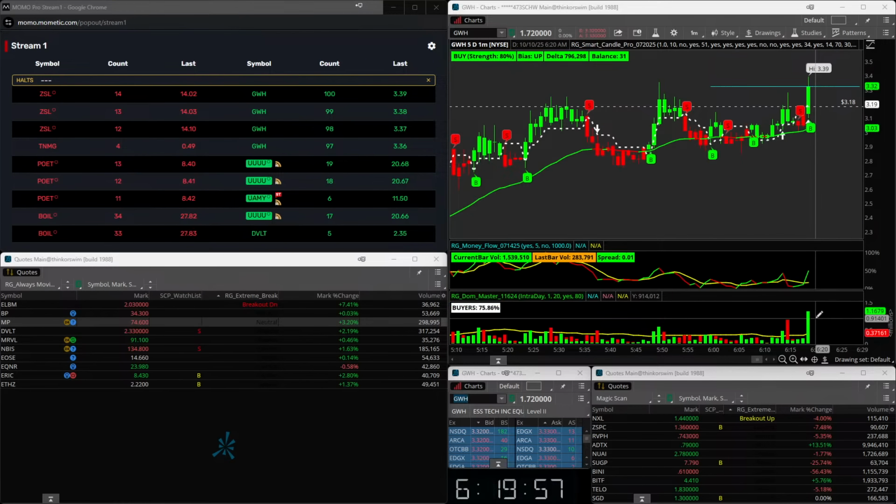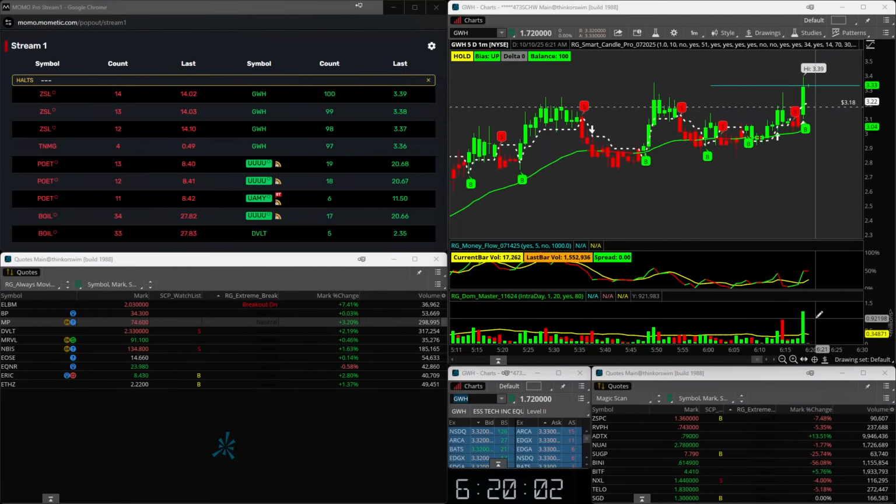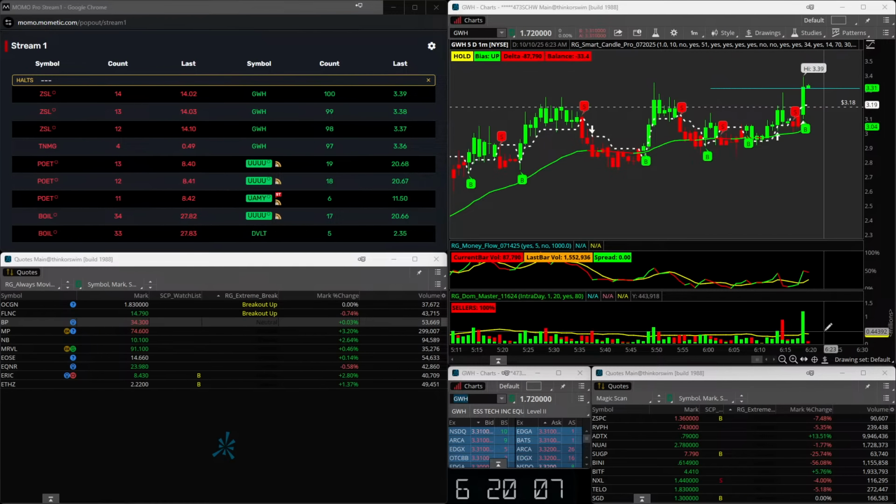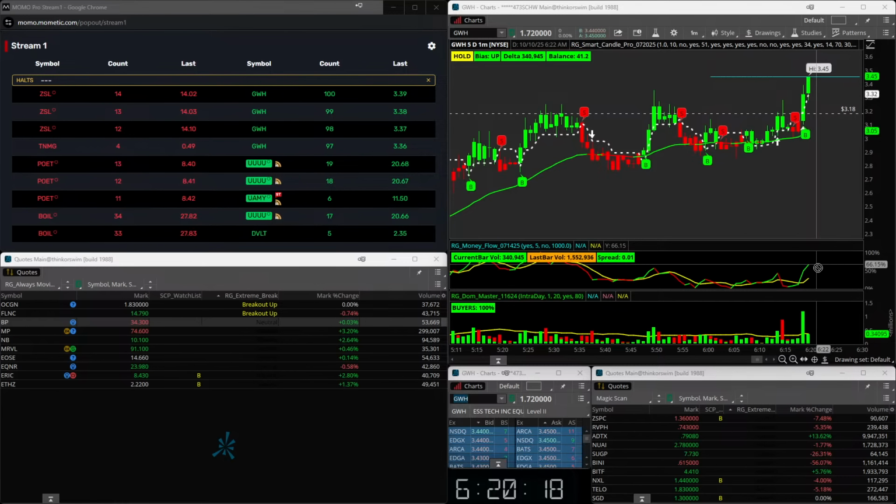Not the flow I'd like to see, though. But it is moving up. Watch money flow closely. It may just pull right back down. A little bit red. Money flows back green, pushing a little higher now, 345.